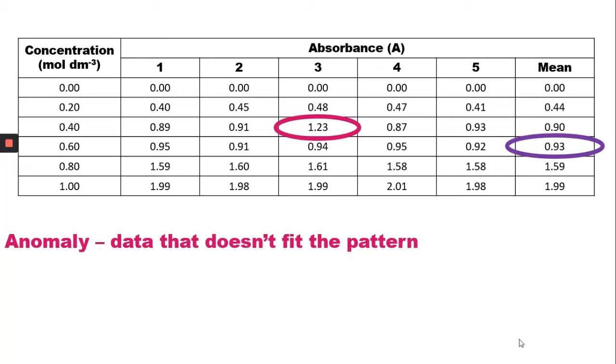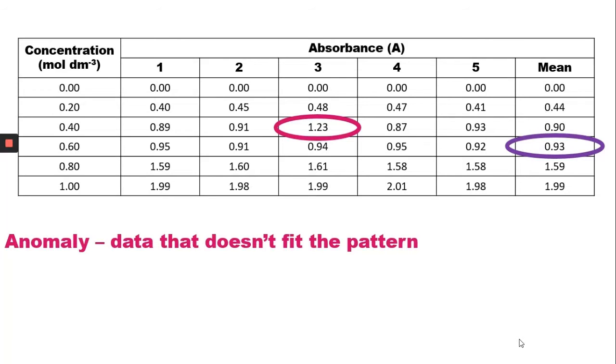What could we have done to improve the accuracy of this data set? We could have discarded the data and repeated the experiment for that concentration. I haven't done that, but doing it would make your data more valid. Your analytical and evaluative skills will really develop through the course, preparing you for work or university.